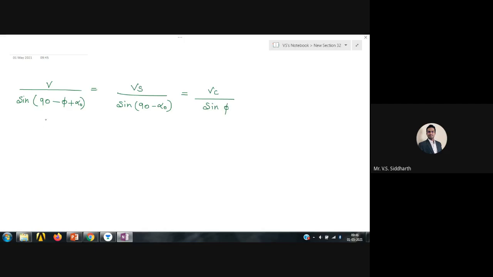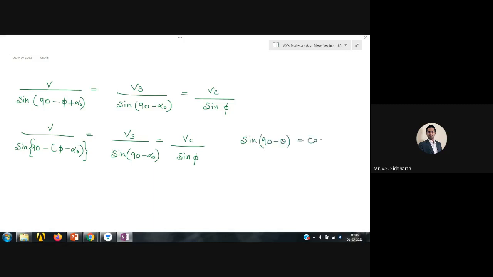Okay. Now can I rearrange it taking the minus common? Can I write it like sine 90 minus phi minus alpha naught? Equals Vs upon sine 90 minus alpha naught equals Vc upon sine phi. We all know that sine 90 minus theta equals cos theta.